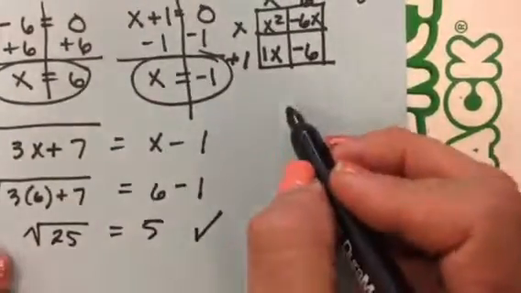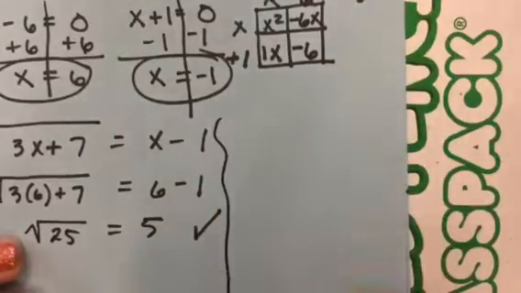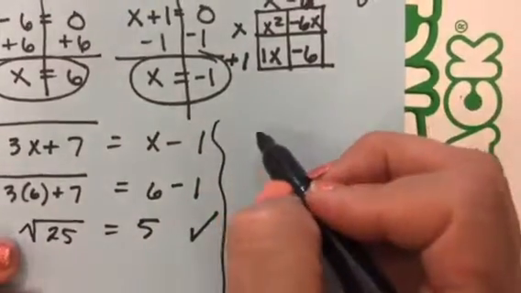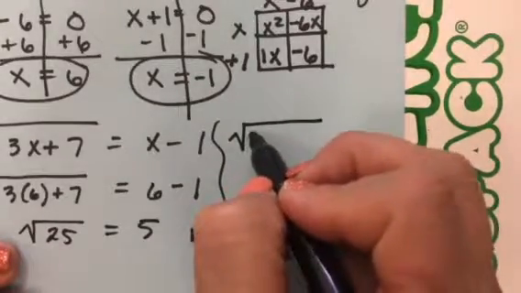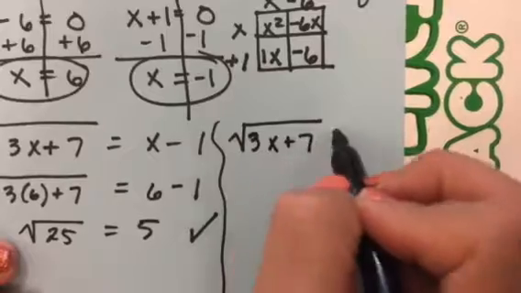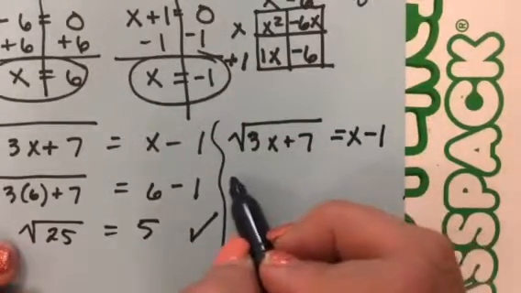And now let's look at when x equals negative 1. So I'm going to separate this out over here. And now let's go back to the original. I have the square root of 3x plus 7 again equals x minus 1. And now I'm going to substitute that negative 1 in there.